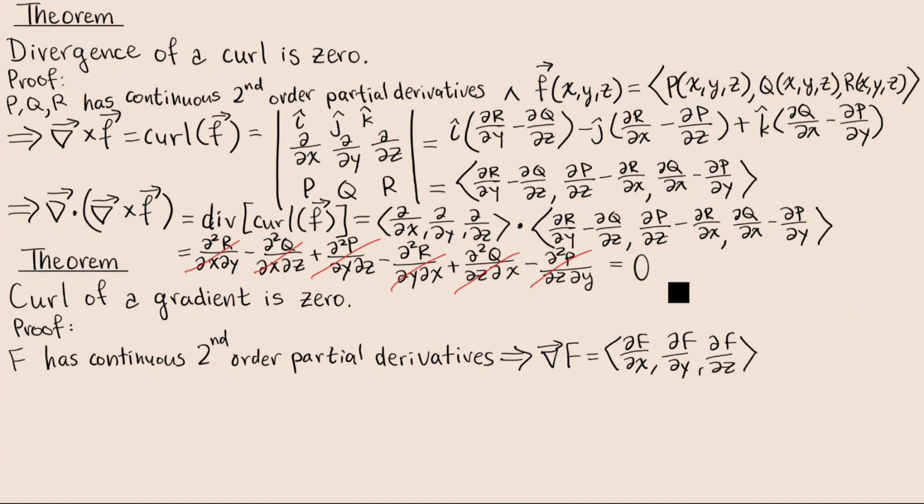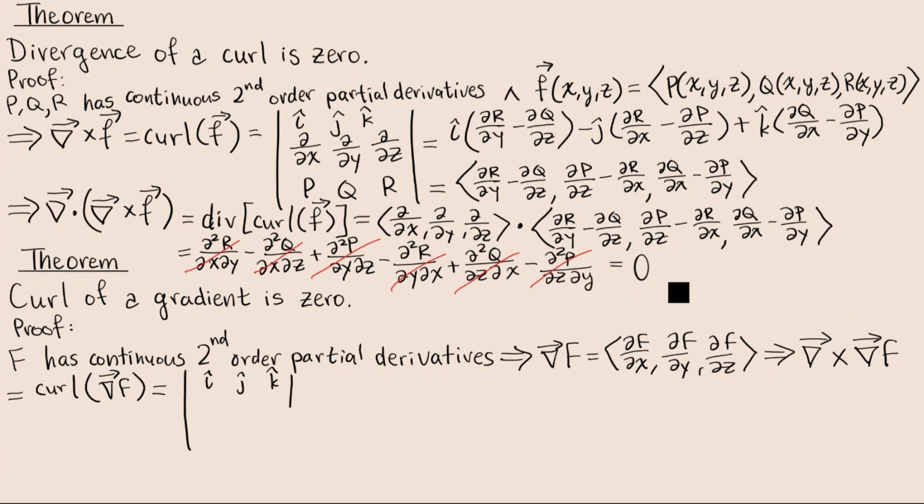And this implies that the cross product of the gradient vector with the gradient of f is actually equal to the curl of the gradient of f.